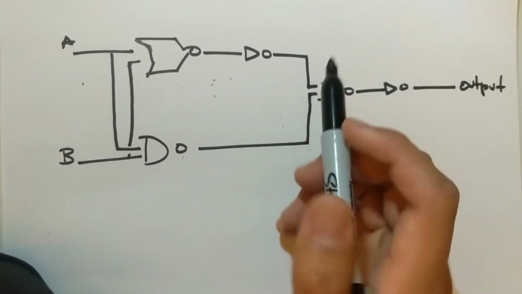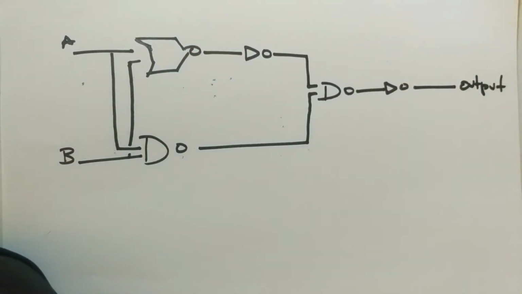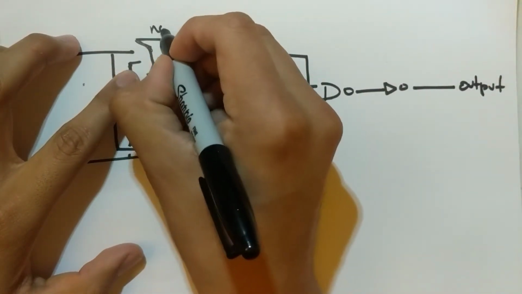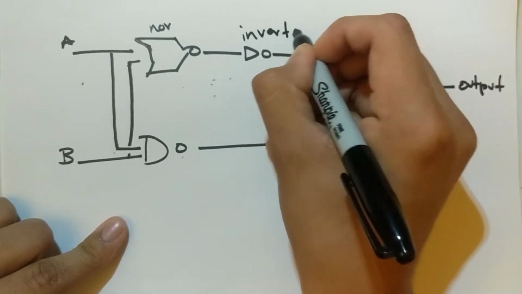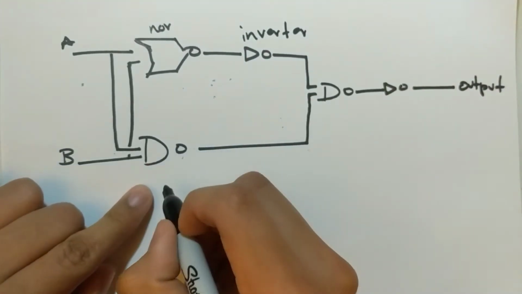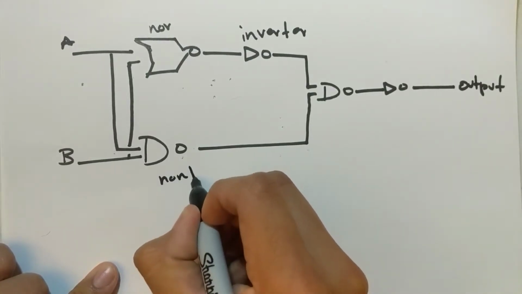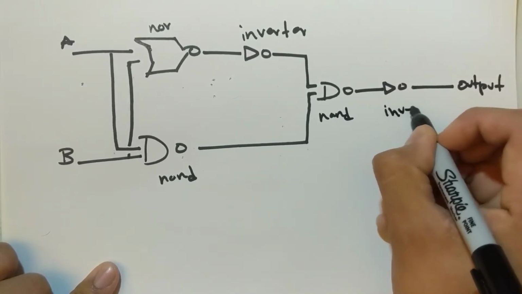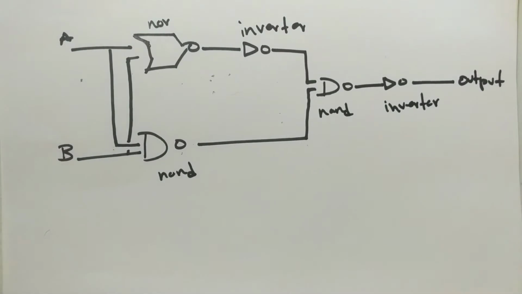So right here, I basically have a NOR gate. This is NOR. This is an inverter. And this is a NAND gate. NAND is also a NAND. And this is inverter. All right, so let me just say what's going on here.